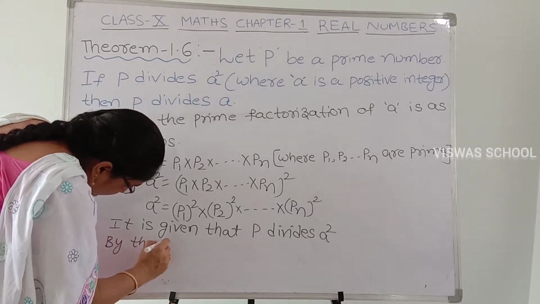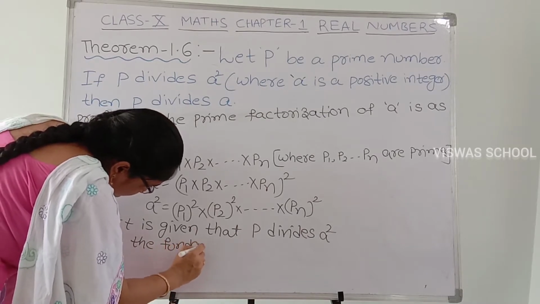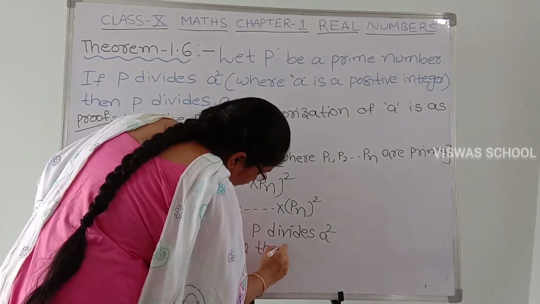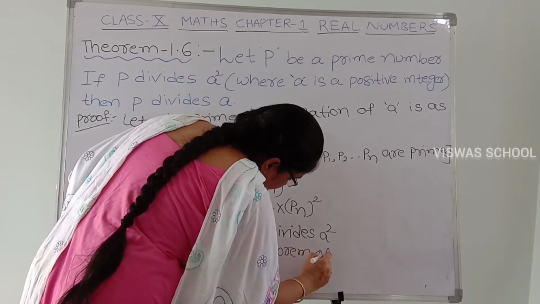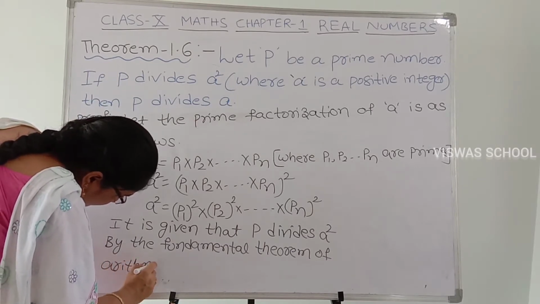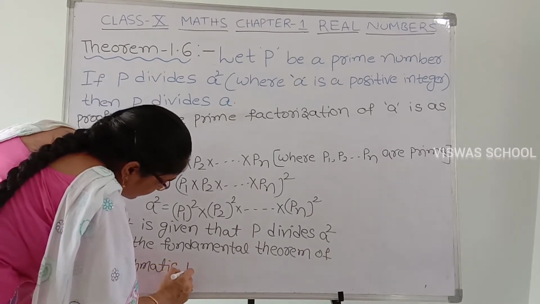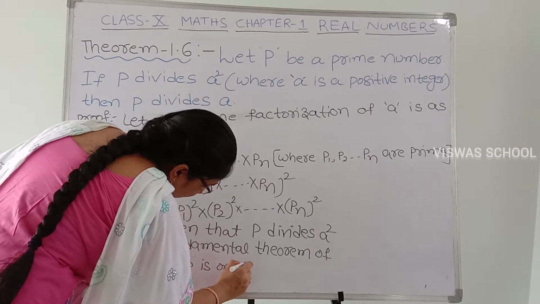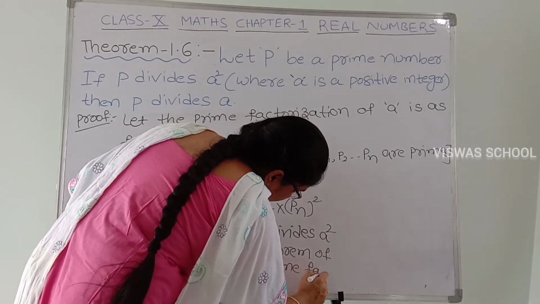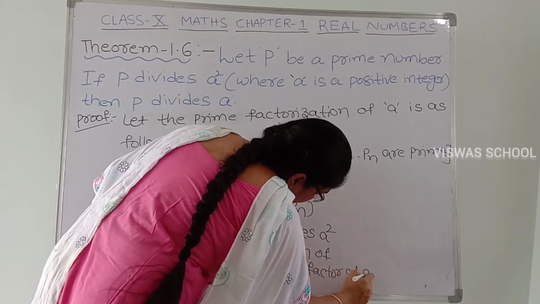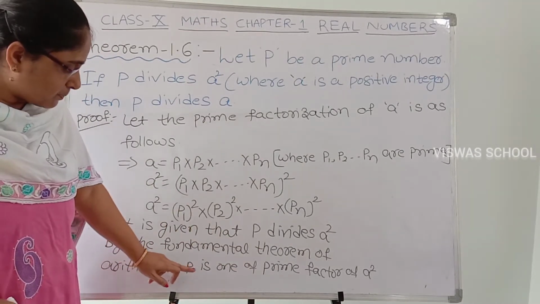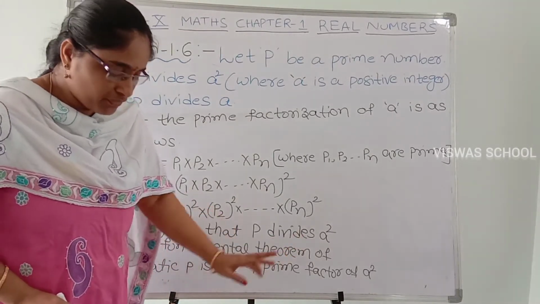By the fundamental theorem of arithmetic, P is one of the prime factors of A square here.